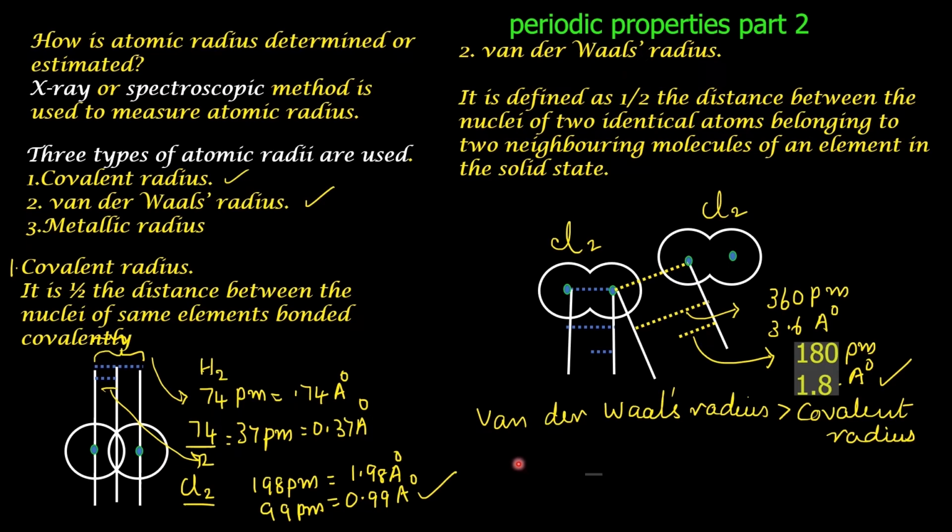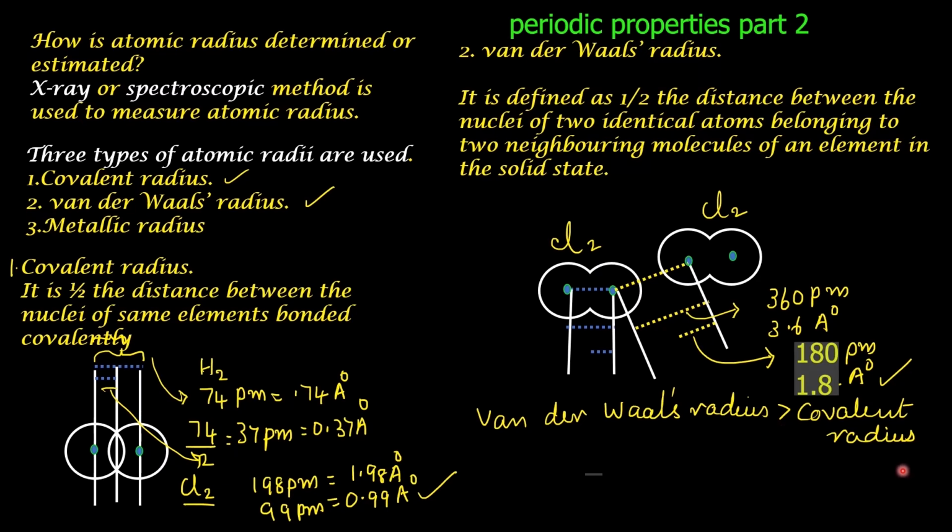So the nuclei of adjacent atoms present in adjacent molecules will be slightly apart when compared with that of the nucleus in the case of covalently bonded atoms. Therefore, naturally, van der Waals radius is greater than covalent radius.